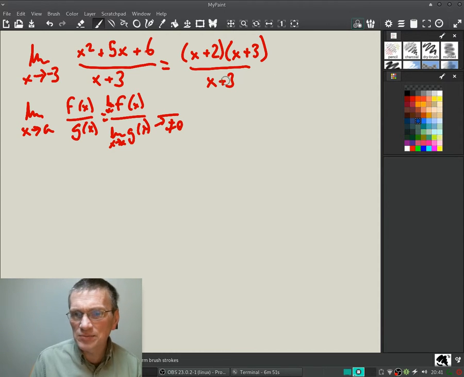We know we can simplify this as long as we have the caveat that x cannot be equal to minus 3. But we're looking at the limit as x goes to minus 3. So this is going to be a function that looks like x plus 2, as this goes to minus 3.